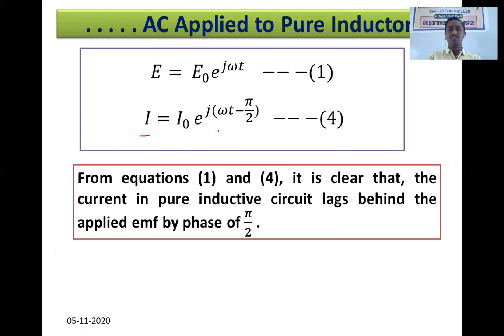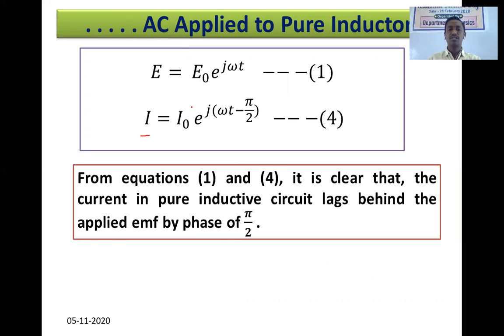Whenever we compare equations 1 and 4, the quantity E is analogous to I, E0 analogous to I0. Obviously, I0 has a lesser value compared to E0, because I0 equals E0 upon omega L. So the amplitude of the instantaneous current decreases.